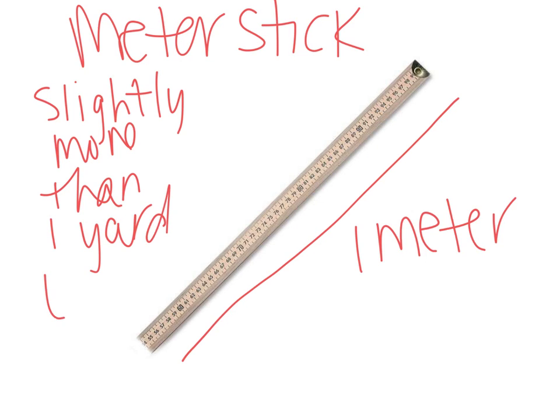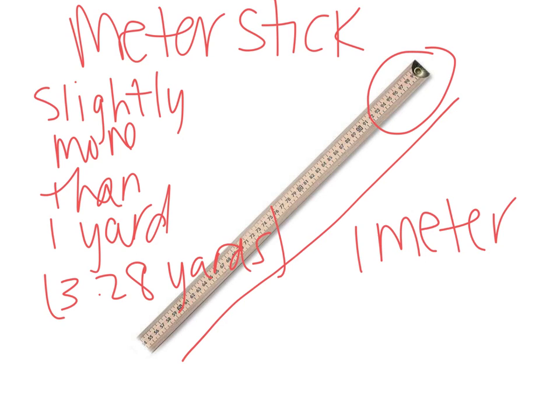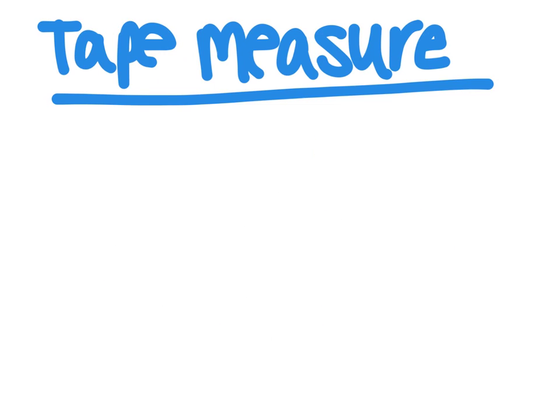In fact, it's 1.09 yards. The units on a meter stick are different than a yardstick, and instead of using inches, we will be using centimeters as our units when using our meter stick. You can see that the notches are closer together and that each unit of measurement is closer together.